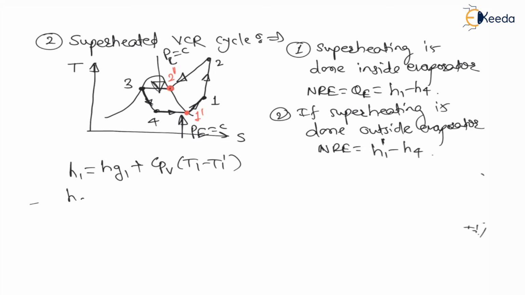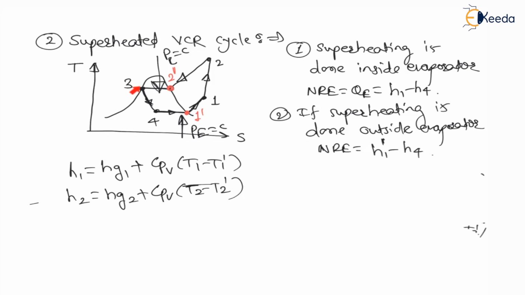And to find H2, H2 is definitely more than H2 dash, H2 dash is Hg at condenser pressure, therefore Hg2 plus it is more by 2 dash to 2, which is a constant pressure process, therefore it is Cp of vapor times T2 minus T2 dash.